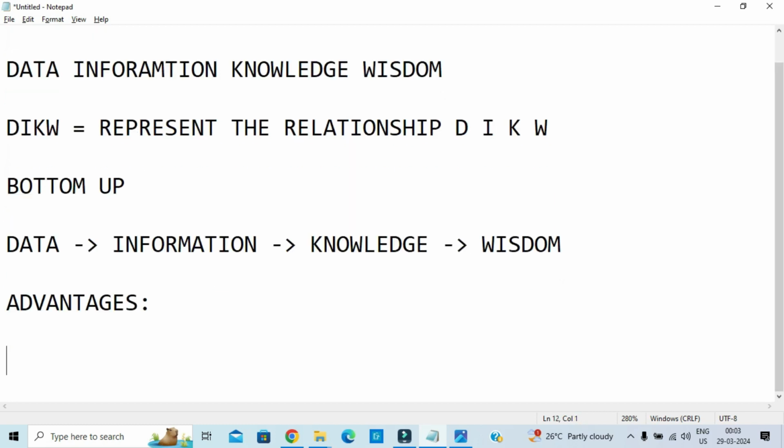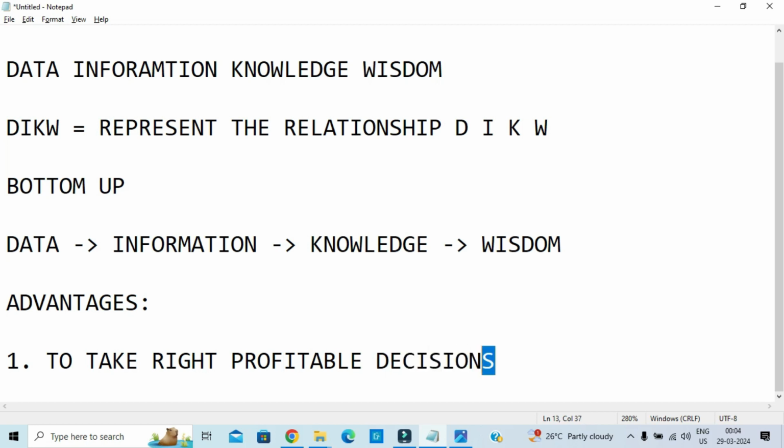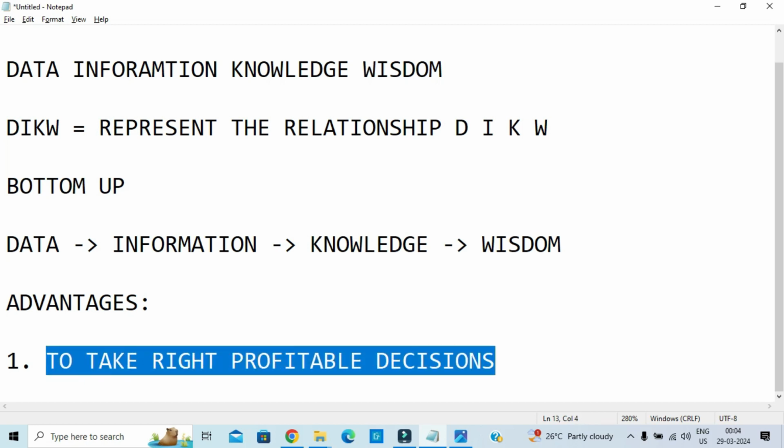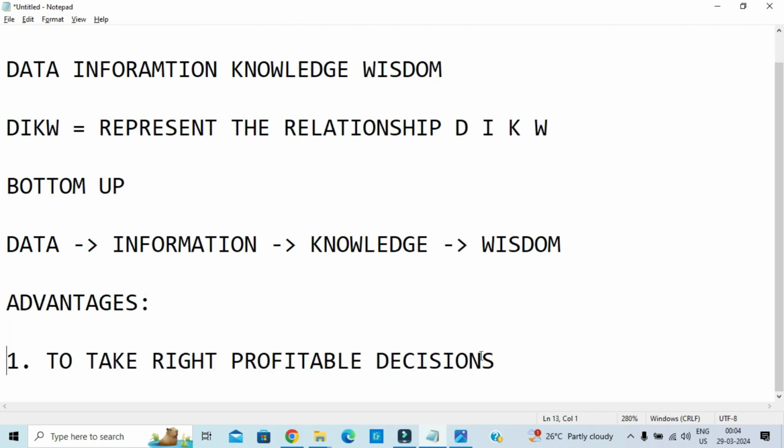The DIKW pyramid has a lot of advantages. In the final output that we get, this DIKW pyramid definitely helps organizations or companies to take the right profitable business decisions, which helps them increase their profits, because it produces meaningful insights.